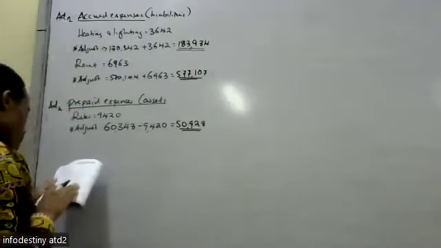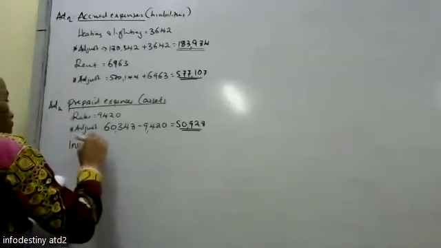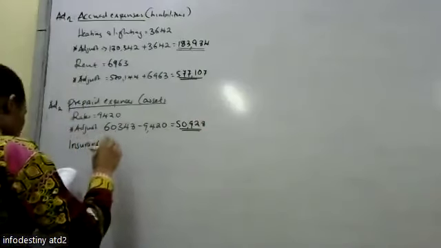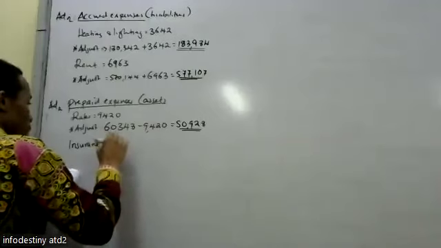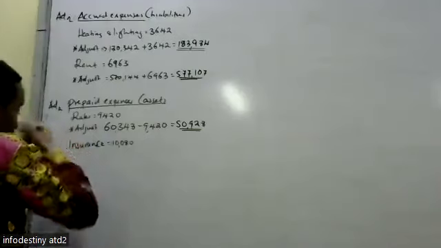Then the other one is insurance premium. That is insurance. It was prepaid with 10,080. So we adjust insurance.